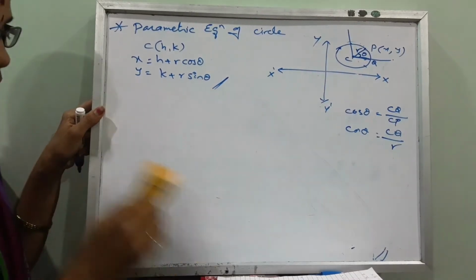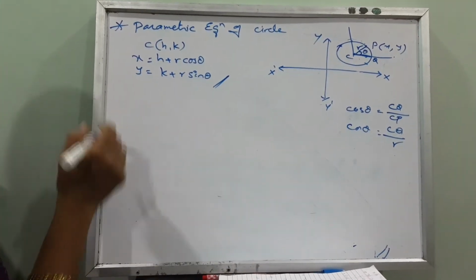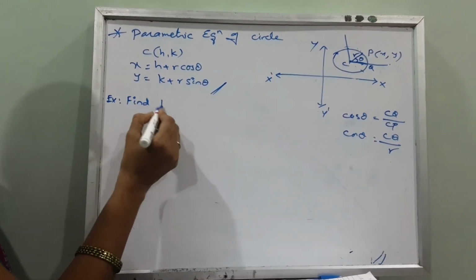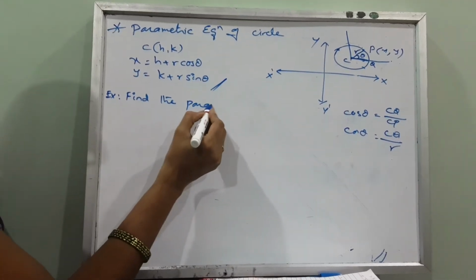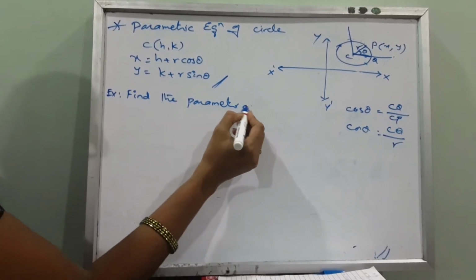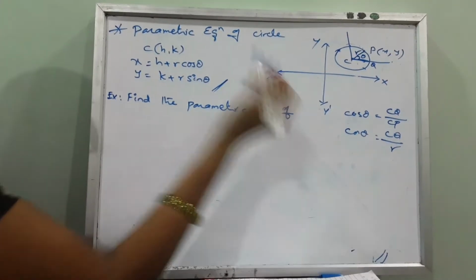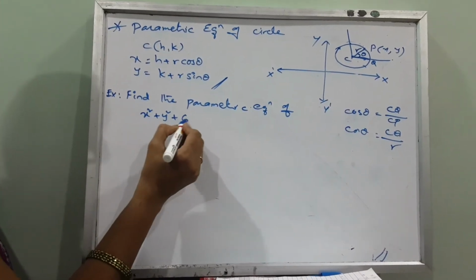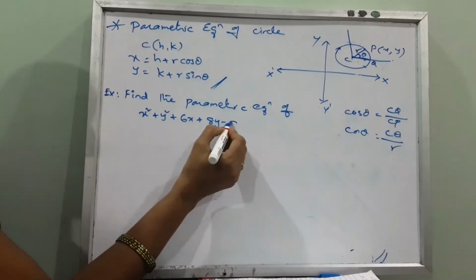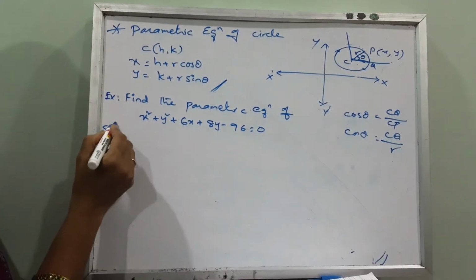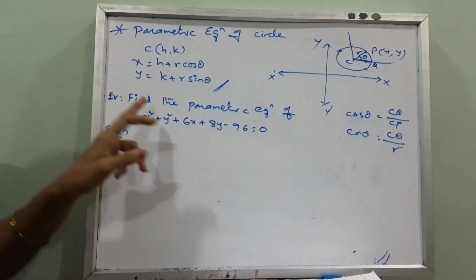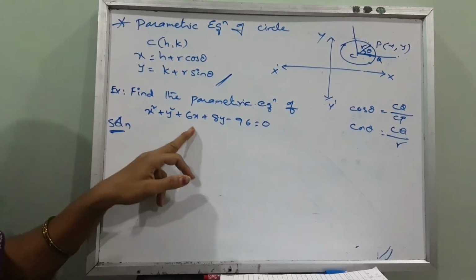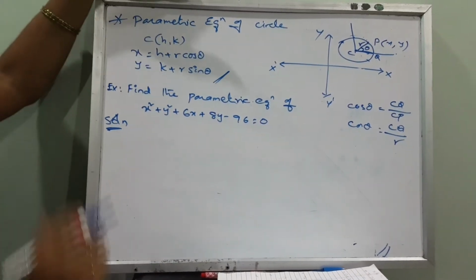For example, find the parametric equations of x square plus y square plus 6x plus 8y minus 96 is equal to 0.